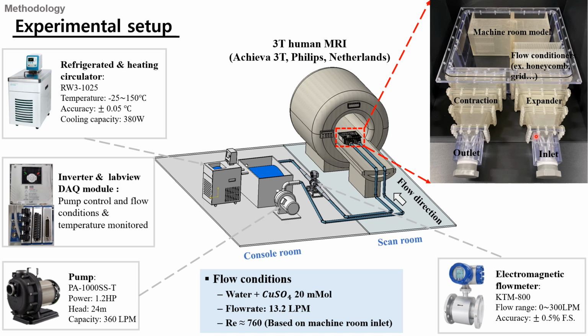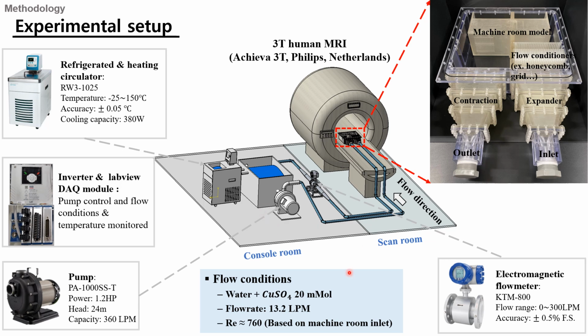To suppress any disturbance caused by the incoming flow to the machine room model, we inserted a flow conditioner to the right side of the reservoir. The flow enters from the right inlet, passes through the expander, flow conditioner, machine room model, contraction, and finally exits at the left outlet.